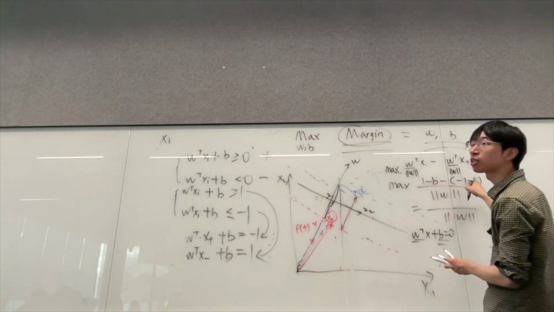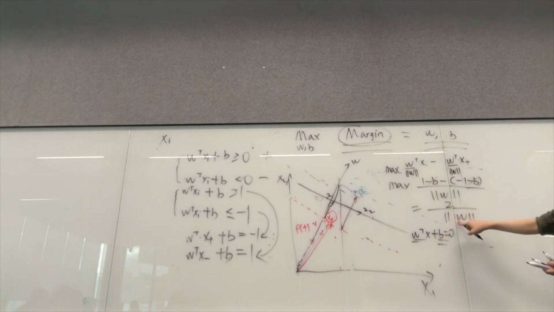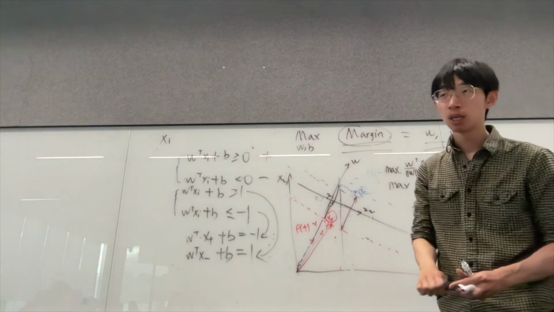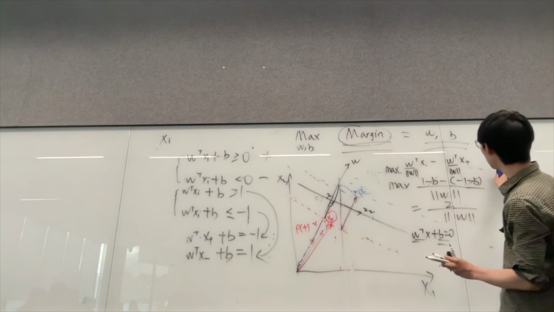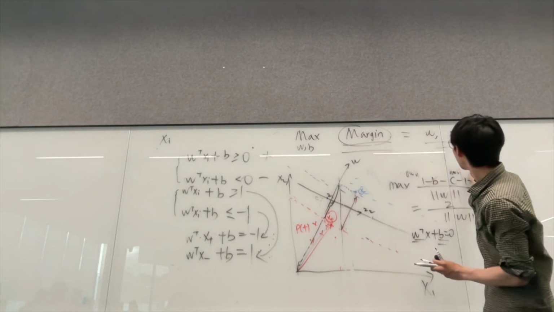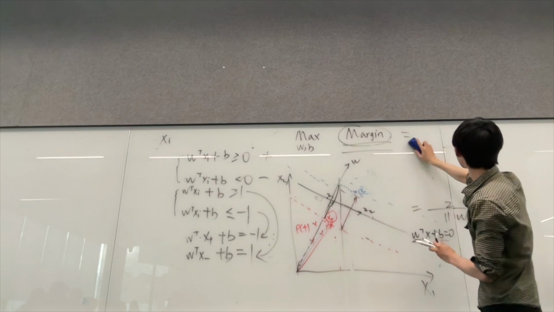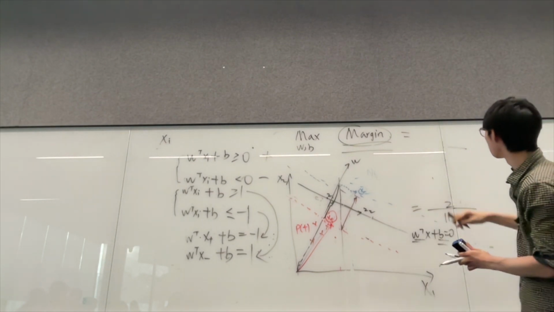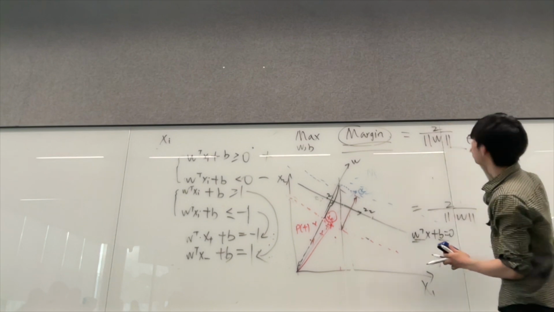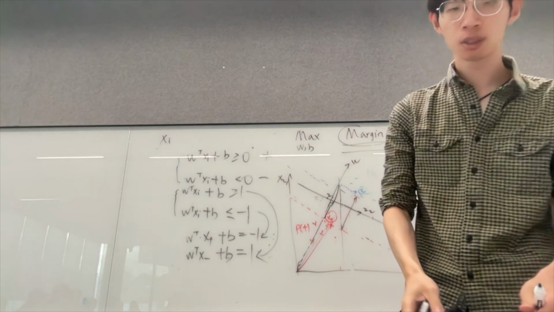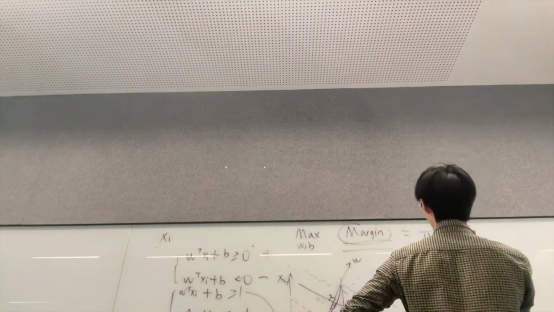And 1 minus minus 1 equals 2. So what we have is this, right? Yeah, this is correct. Finally, we have this in terms of w and b. Actually, we don't need b. This is good news. This is our final result, so I think we finished this.